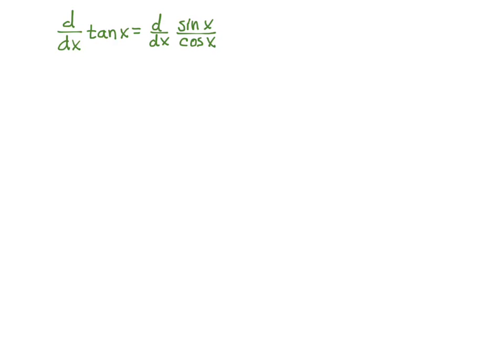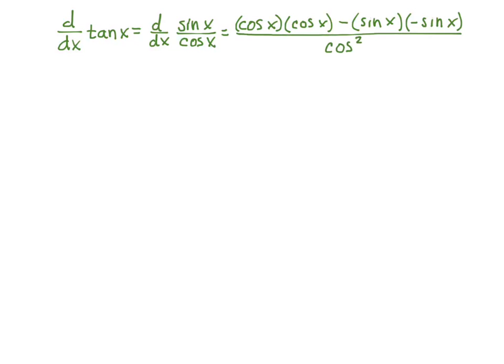All right, so let's look at the derivative of tangent. So we'll make use of the quotient rule. What we have is the derivative of sine, which is the cosine, times the cosine, which is the denominator. And then we have the sine of x, which is the numerator, times negative sine of x, which is the derivative of the denominator, cosine, all over cosine squared.